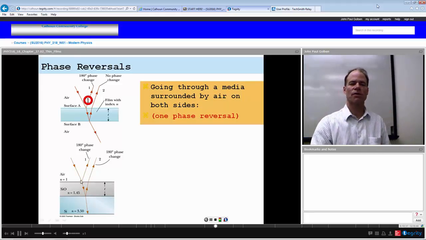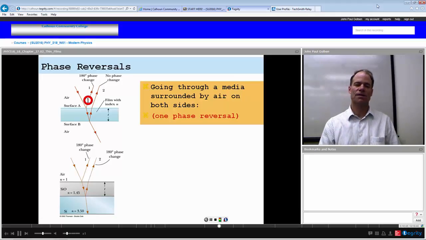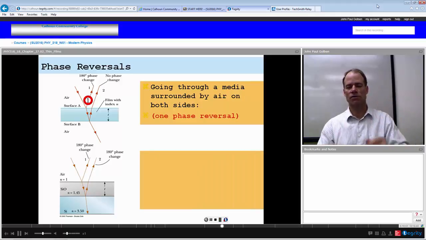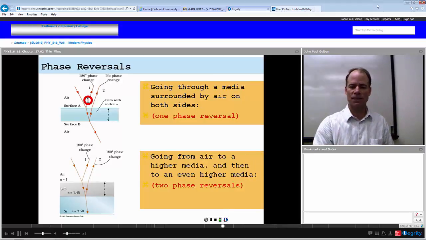And so if we were going from air, say a lower index, to a thin film of silicon oxide, and then we go even to a higher index substance after that, silicon, then we would have a phase reversal every time we're going from a lower index to a higher index. So in this case, we'll have a phase reversal on our first reflection and a phase reversal on the second one as well. That's going to reverse our formulas for constructive and destructive interference.